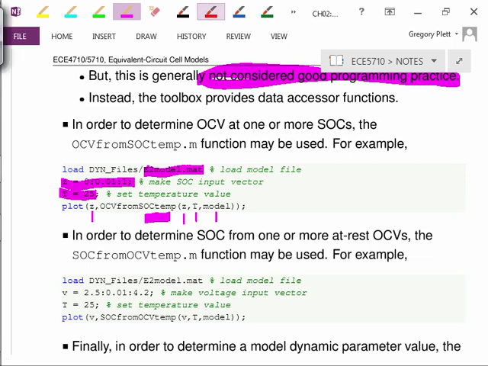MATLAB has an interp1 command which has so much error checking inside of it that it is really, really slow. And it handles some general cases that we don't need to worry about here. So the OCV from SOC temp does its own interpolation function, and it's a lot faster.